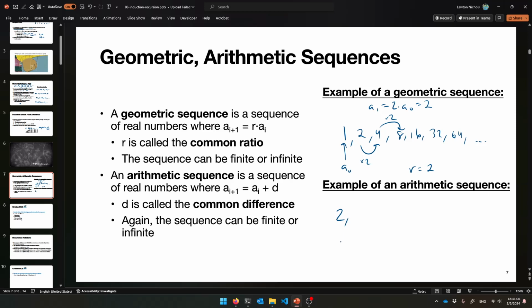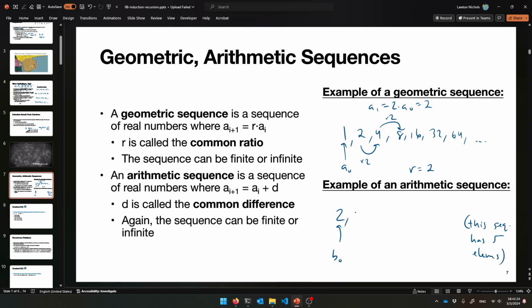Let's say that 2 is the first element, so b_0 is 2. And then we'll say that this sequence has 5 elements, so it stops.